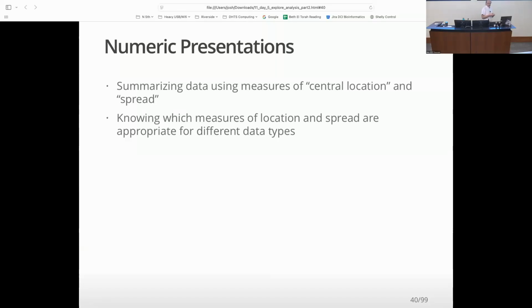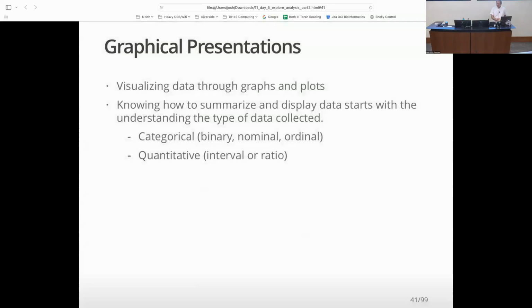And of course, you need to know what measures are appropriate for different types of data. And then, like I said, it's also useful to use graphical representations, so plotting the data and knowing what's an appropriate way to plot different types of data.